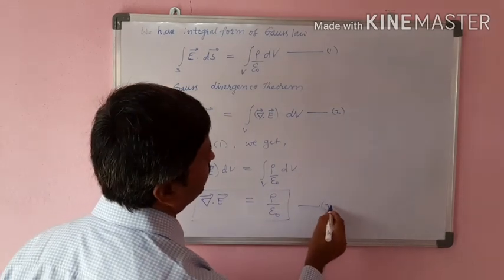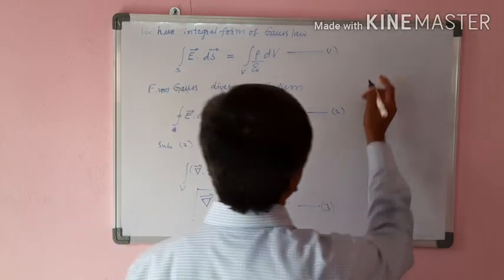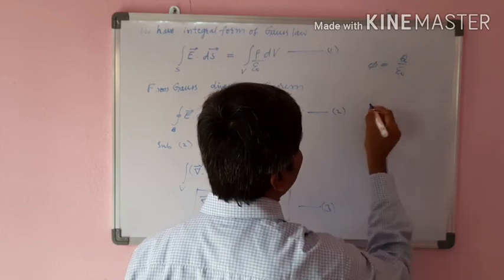Let's say equation 3. Right? So now 3 forms of Gauss law in electrostatics can be written as number 1, phi is equal to q by epsilon naught.